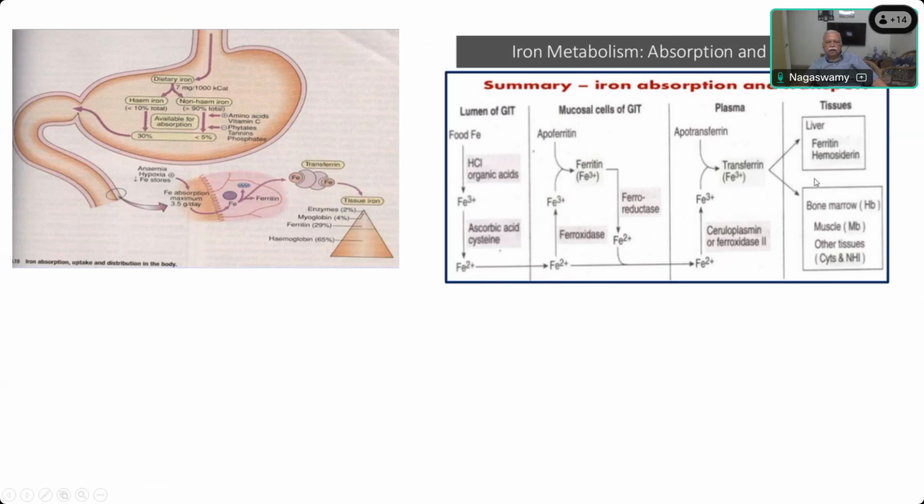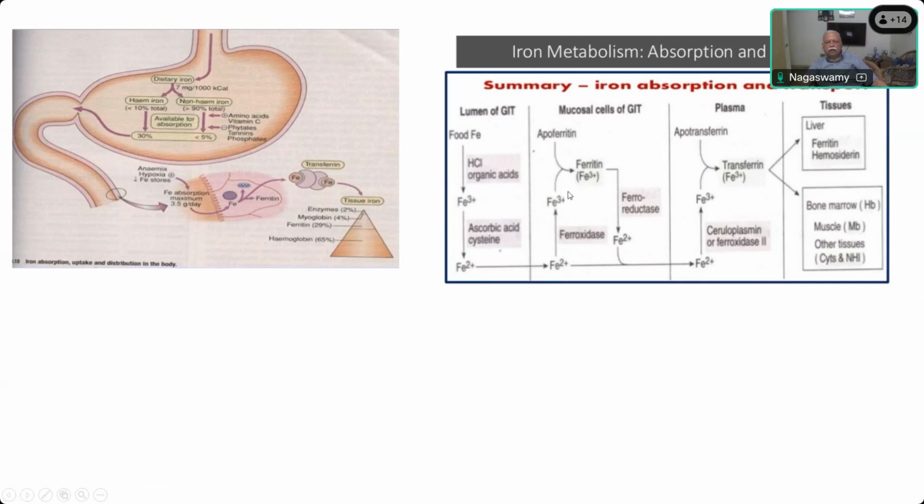It does not directly enter the blood. So it is first of all entering the cells lining the GIT, and there it is again converted to ferric form, Fe3, and combined with a protein called apoferritin and stored as ferritin.